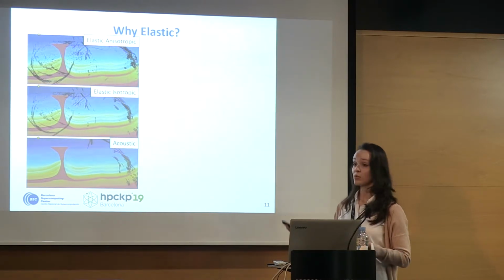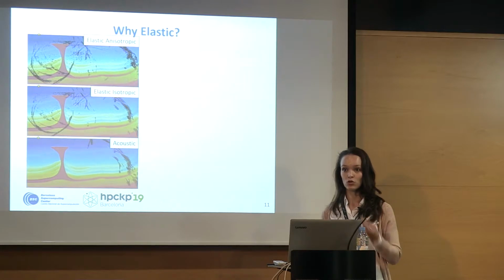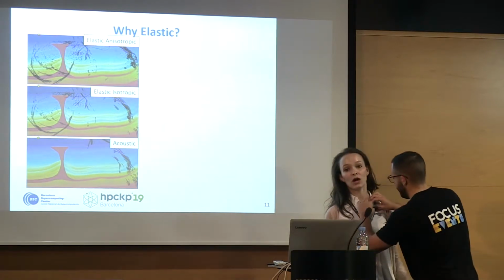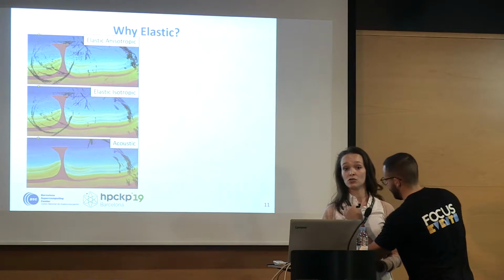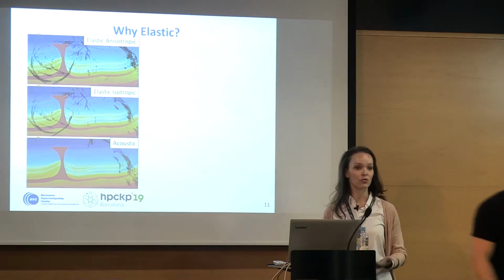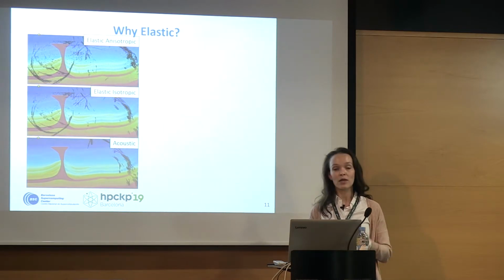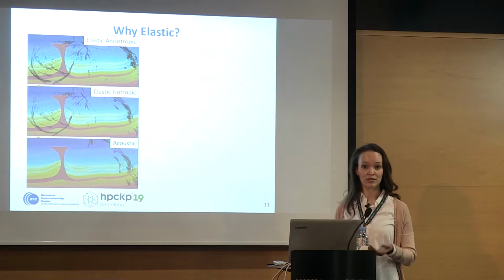And anisotropic, because you need to consider that there's not only one material below the ground. You have rock, you have sand, you have water, you have salt. So the density of all these materials is different, and the way these waves behave when they hit this kind of material changes.